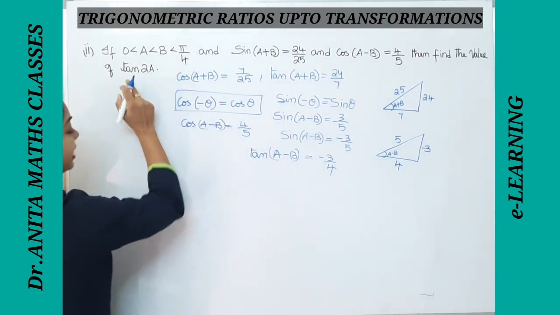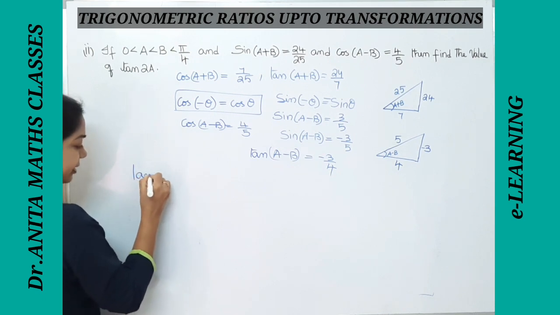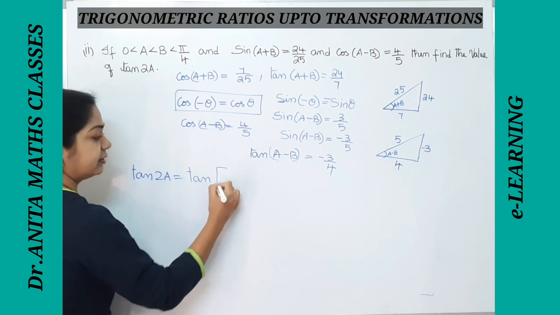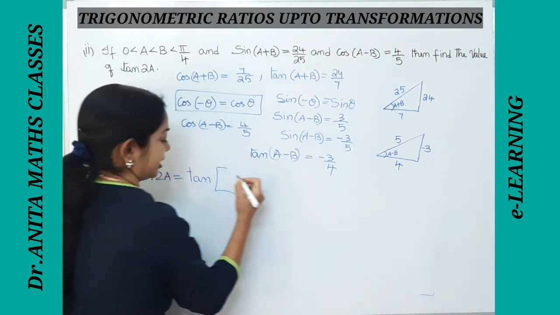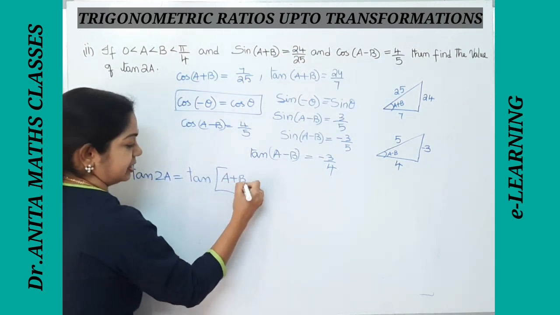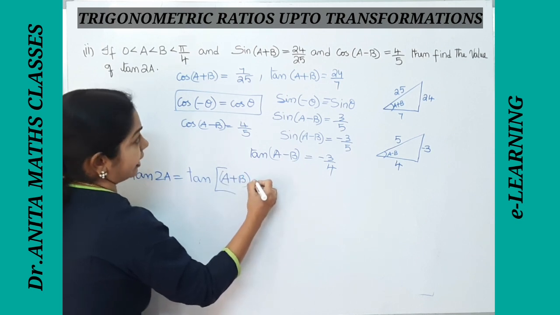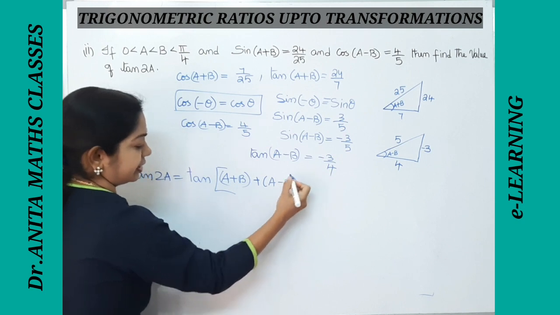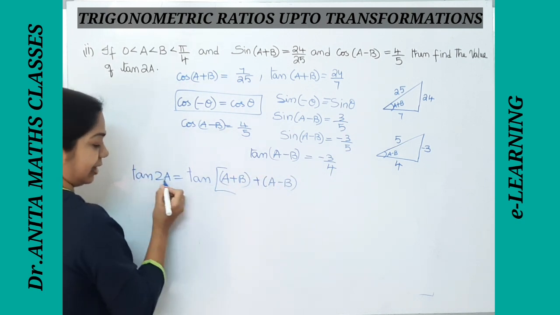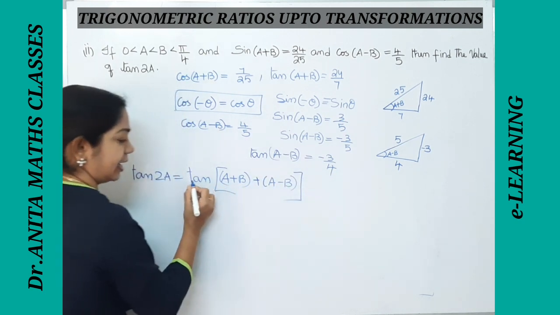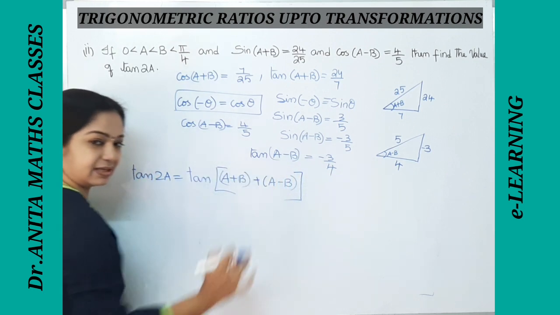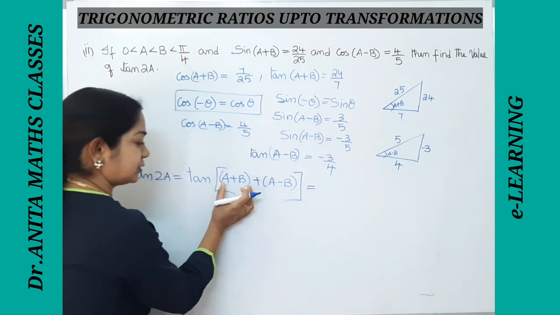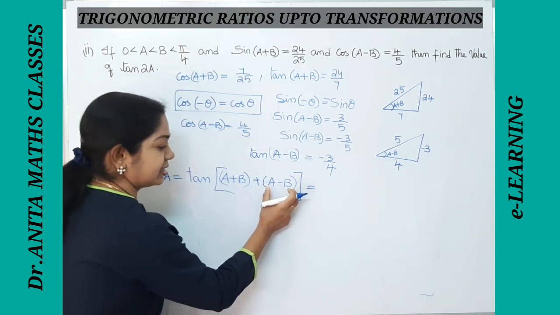What we have to find? Tan of 2A. So I can write tan 2A in terms of these values. I can write this as A plus B plus A minus B. If you write, you can cancel off B, you get tan of 2A. Tan of A plus B formula I wrote like this, so I'll expand it with the formula. I'm supposing A plus B as one angle and A minus B as one angle.